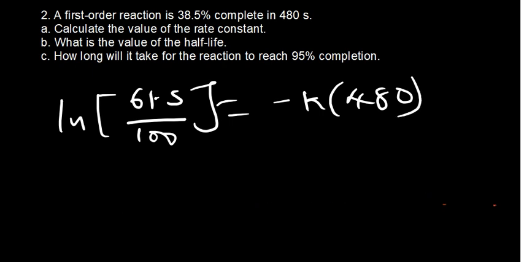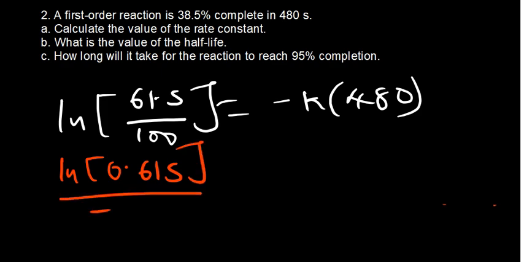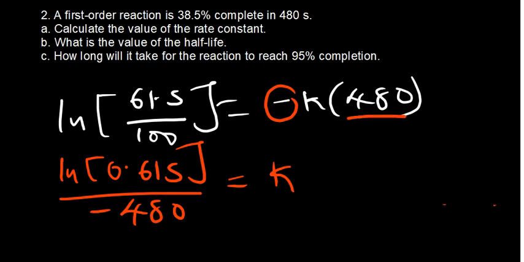61.5 divided by 100 is basically 0.615. So you have the natural log of 0.615 divided by minus 480, so that on the other side I can just remain with k. I've taken away the negative together with the 480 and divided on the other side. So the natural log of that divided by negative 480.